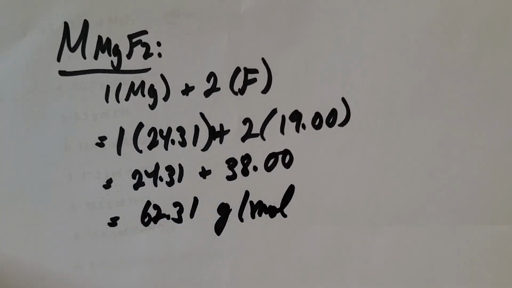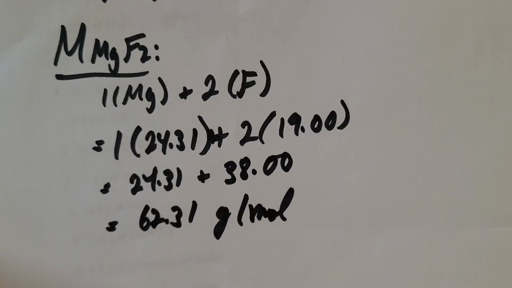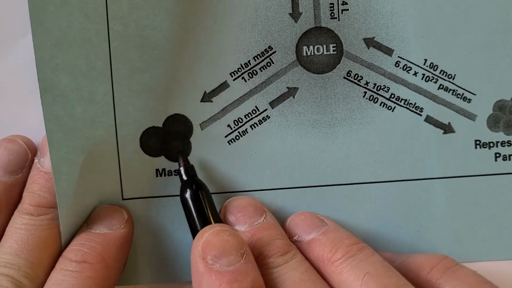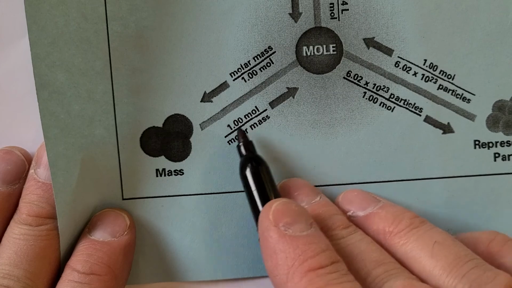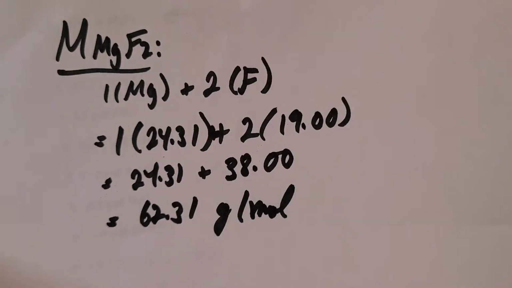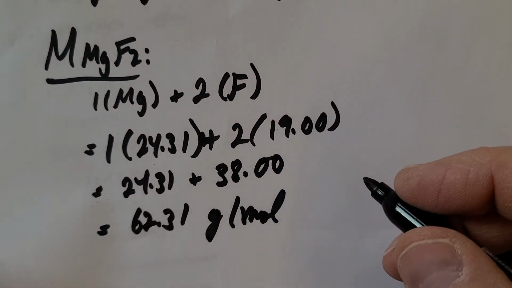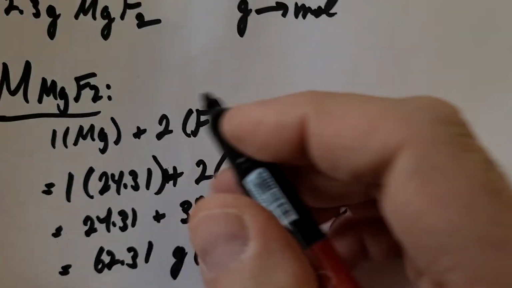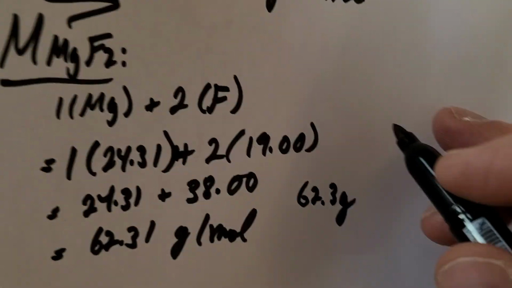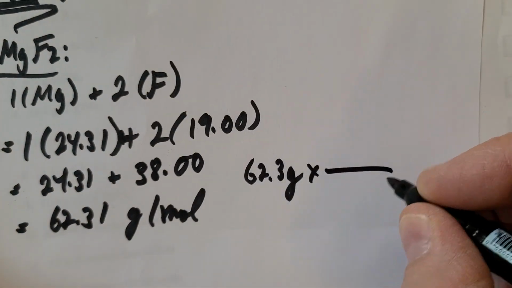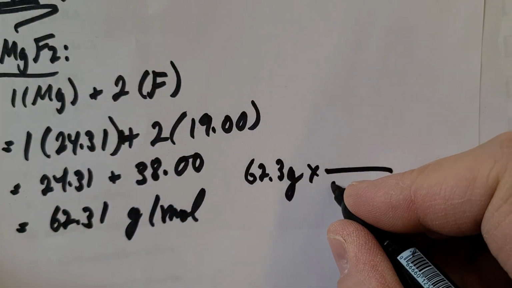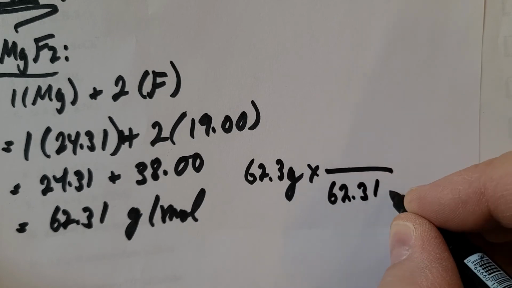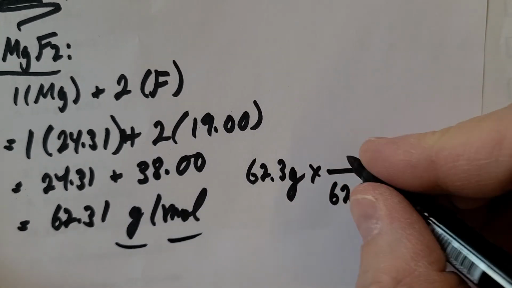grams per every mole. So you can see, no matter which way we do this, we have to figure out the molar mass. Okay, so going from grams to moles, set it up so we have the molar mass on the bottom, and that makes sense because we need to cancel a unit of grams. So 62.3 grams from up here, multiply by, now again we want the grams part on the bottom, grams per 1 mole.